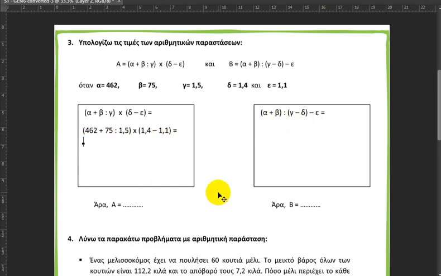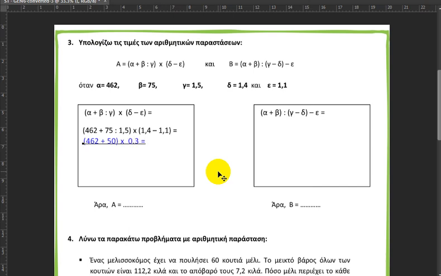So 462 plus, okay, we're gonna need the parentheses again. (462 plus), then we have 75 divided by 1.5, which is 1.5 basically. If we had 75 divided by 3, it would be 25, but we don't have 3, we have 1.5, which is half of that. So instead of 25, we're going to have 50, which is twice as much as 25, times 1.4 minus 1.1 is going to give us 0.3.